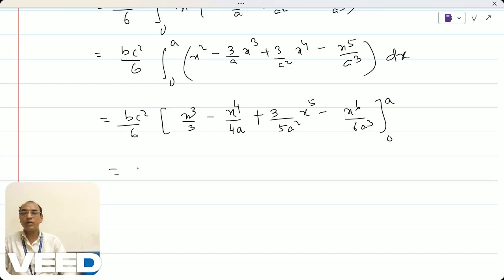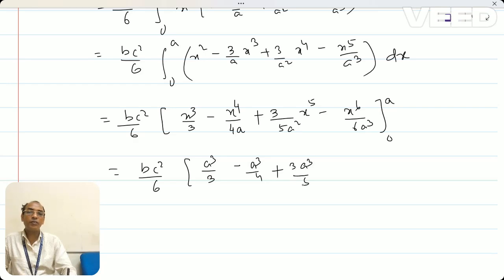So this will be bc square divided by 6 into a cube by 3 minus, here the upper limit is a, so a to the power 4 with another a gives a cube by 4, then plus 3a cube by 5, and a to the power 6 divided by a cube means minus a cube by 6, and the lower limit will be 0.